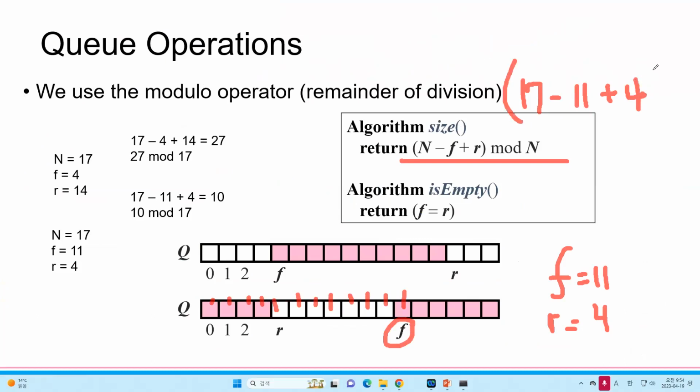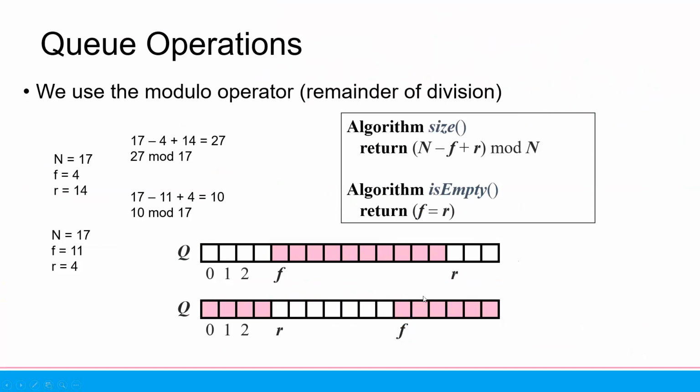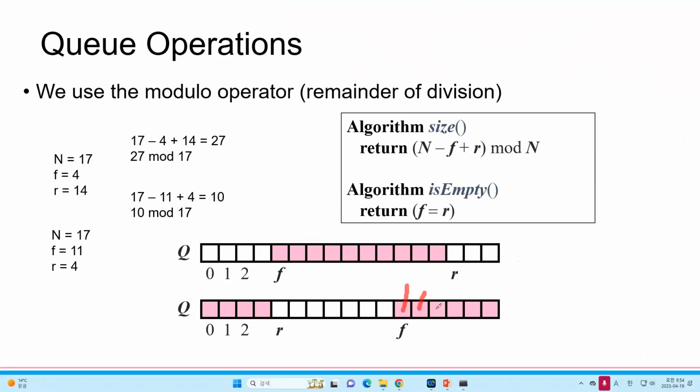So 17 minus 11 is 6, plus 4 is 10. Okay, 10 modulus 17. So modulus 17, it is 10. So I can know that the size now is 10: 1, 2, 3, 4, 5, 6, 7, 8, 9, 10. There are 10 elements. Okay, so this is the algorithm to find the size.